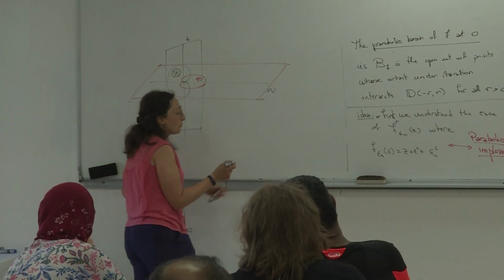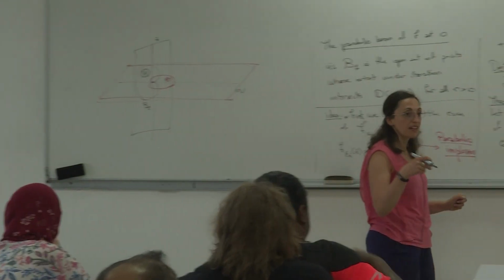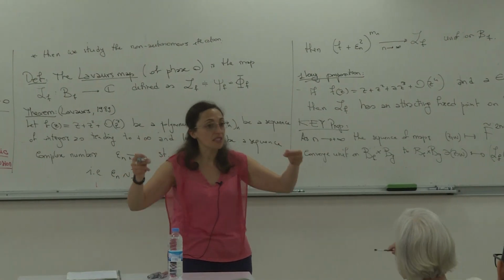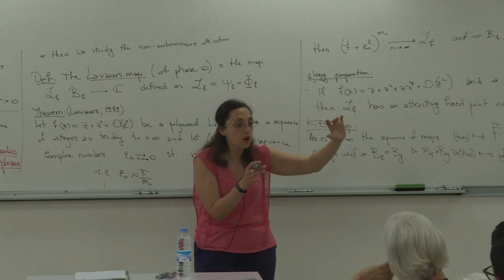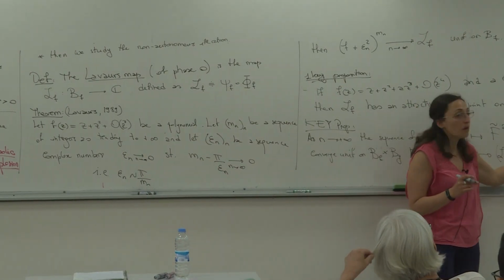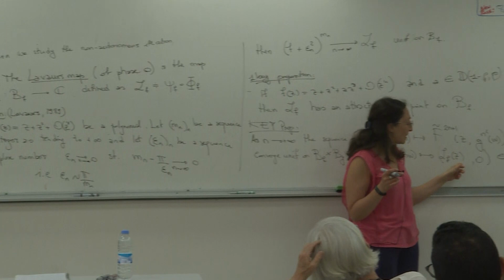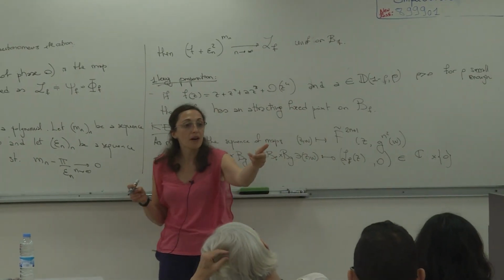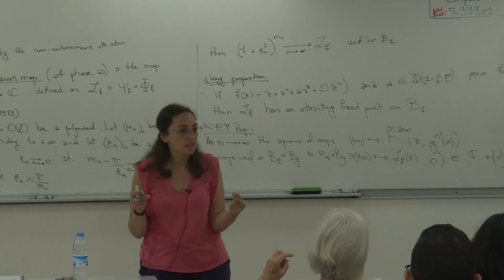And I'm going to see what happens when I iterate f n squared times. Well, in here I'm going to converge to 0, and in here I should converge to the Lavor's map, to this fixed point.